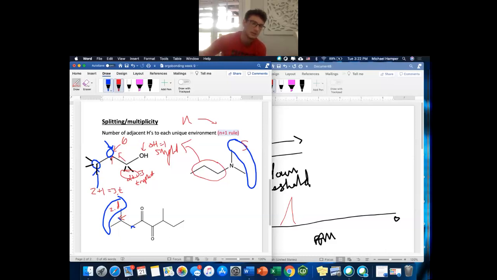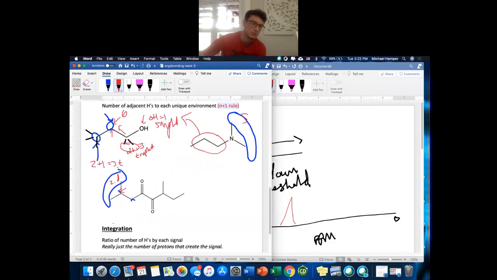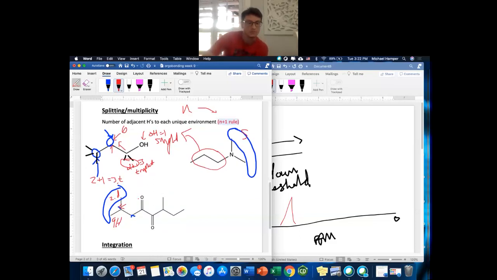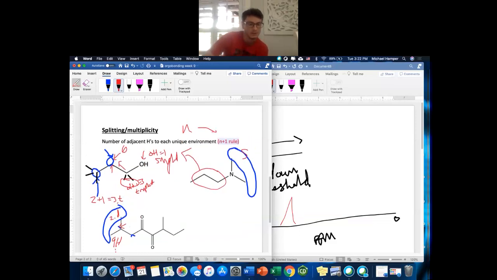So this one hydrogen will have 9 peaks, and really anything above a 4, he's going to call it a multiplet because it just gets too much. So it'll appear as a multiplet. We often just designate it as an m.